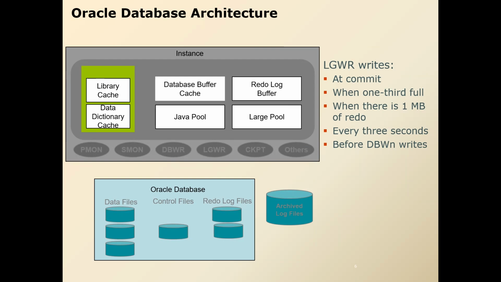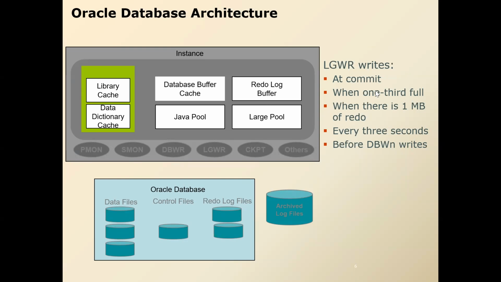With the help of the log writer, data gets written under these scenarios. Whenever a commit happens in the database, the log writer process writes the data from the redo log buffer to the redo log file.